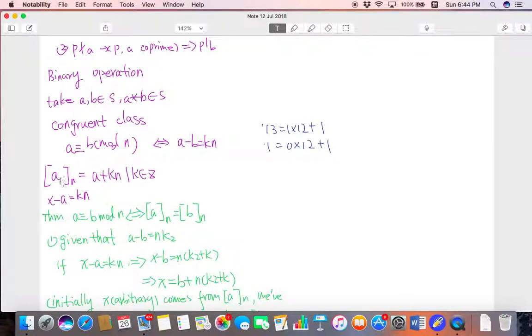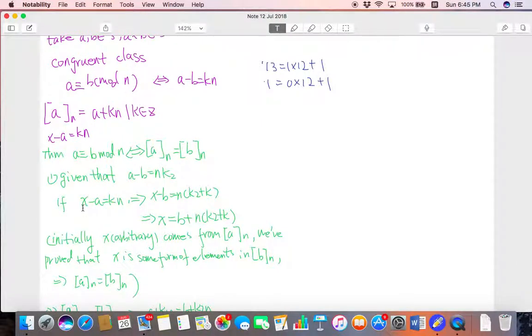And then we use such a notation, a square bracket, just to represent a group of numbers, a plus k times n, where k is an arbitrary integer. This is the basic concept, a definition regarding congruent classes.